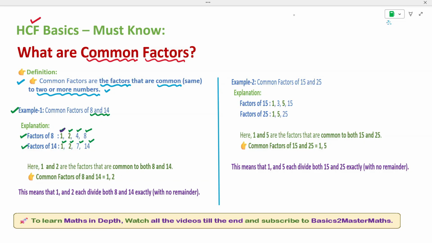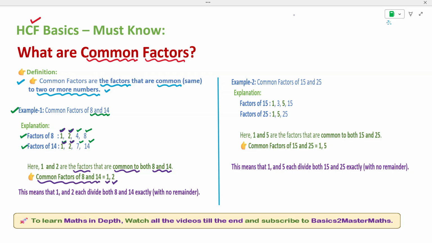Here, 1 and 2 are the factors that are common to both 8 and 14. So, common factors of 8 and 14 are 1 and 2.